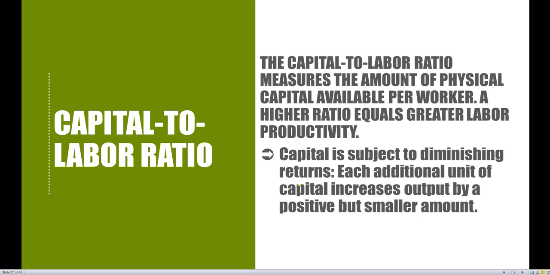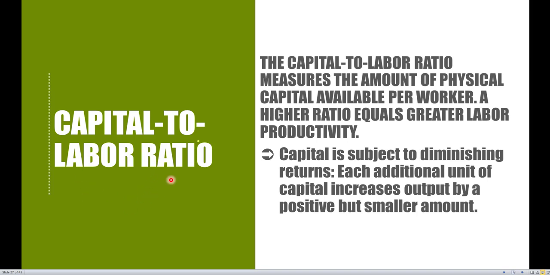We say that capital is subject to diminishing returns, where every additional unit of capital increases output by a positive but smaller amount. And the capital to labor ratio is essentially the reason why so many countries around the world internationally are growing so fast nowadays.